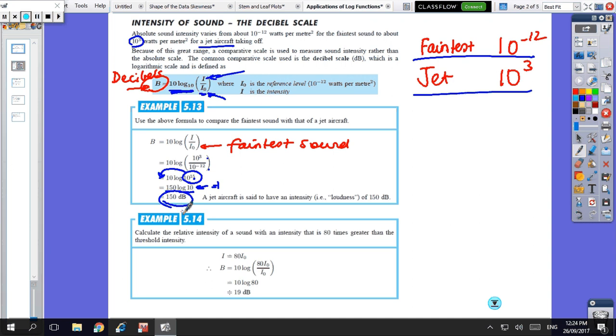Okay, so this next question in example 5.14, compare the relative intensities of a sound that is 80 times larger than the basic one.